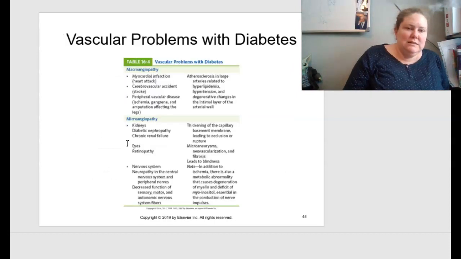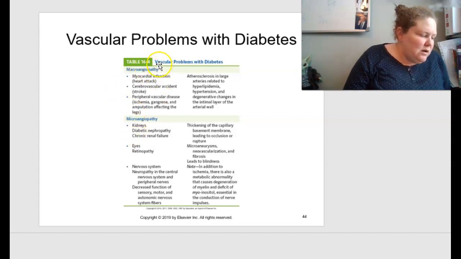So again, here is a nice little summary of the vascular problems that can be associated with diabetes. And this is found in figure 16.4. And so you can have macroangiopathy, so that's with your big blood vessels, right, or microangiopathy with small ones.